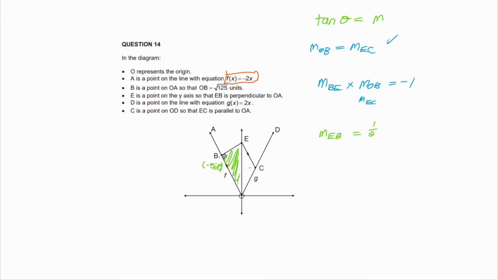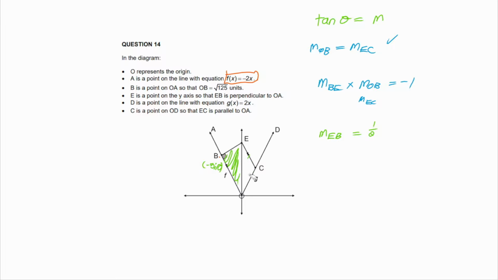We're going to have to find the area of this triangle as well. This isn't a 90-degree triangle, so finding the area is a bit more complicated because we're not really going to know the height. But what we can do is use the area rule for a triangle. If we have this angle and this side length and this side length, then we'll be able to solve the area. But in this triangle, finding the distance OC is going to be a bit tough.